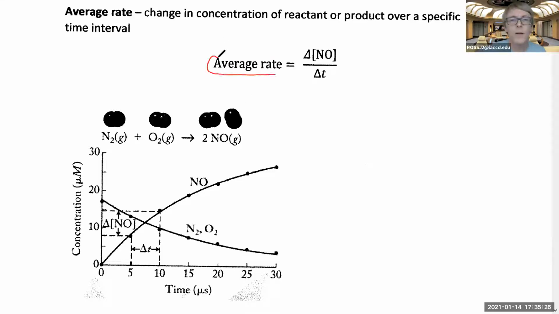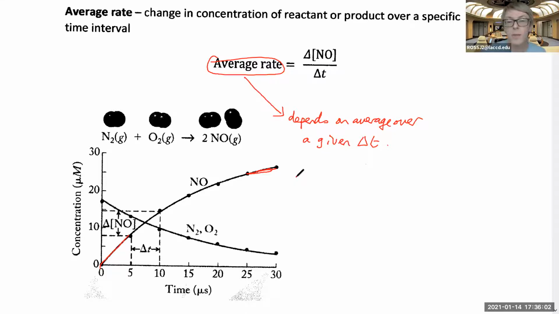I would say it really depends on an average over a given time interval. So you could have an average in the first 5 minutes, and you can see the slope here in the first 5 minutes is very different than the slope in the last 5 minutes.